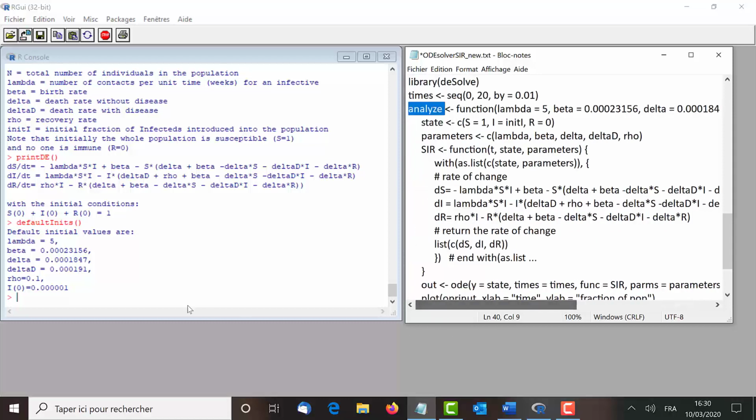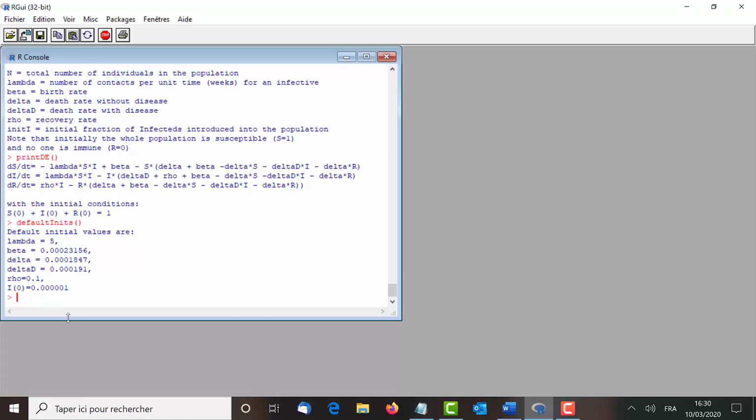So there are 5 variables we have to put in there. Just a second. Let's go down here to R. We have to always click into R. Analyze. If I put just the parentheses in there without changing any of the values, my program will run, solve the equation for 20 weeks with these default initial values.